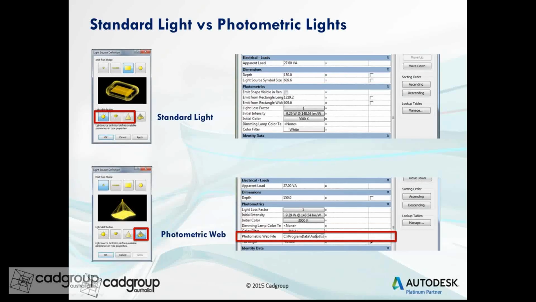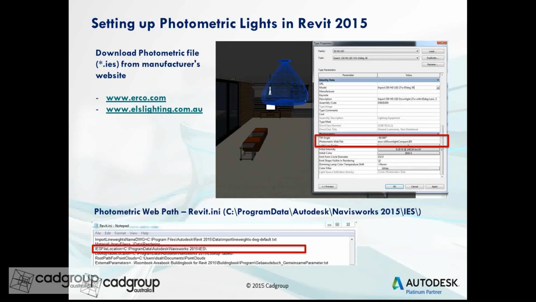In this particular example, in the family editor, if we change the light source definition to web, it will automatically add a parameter called photometric web file. That's where you add those digital files that you can download directly from some manufacturers. This is one of the properties we can see, and you can download the IES files from a couple of different manufacturers.